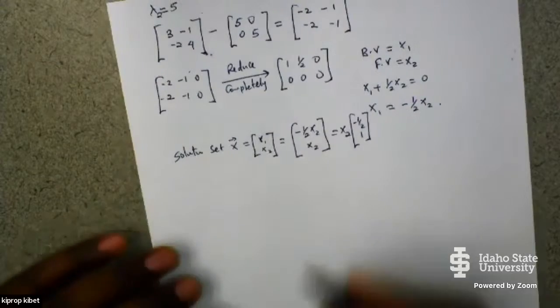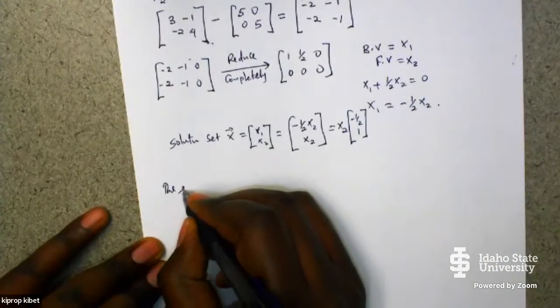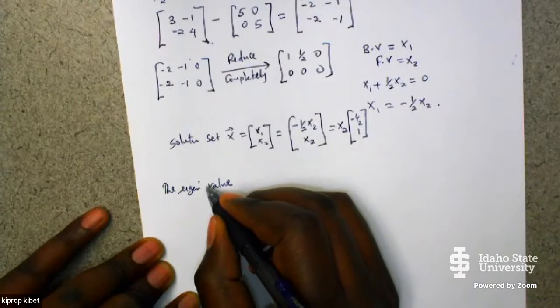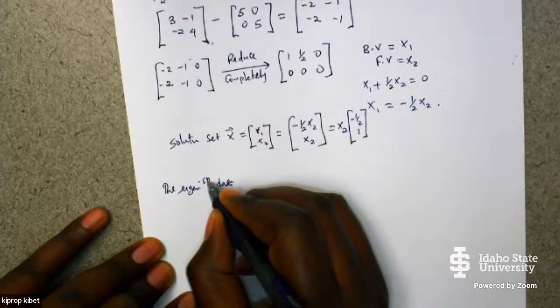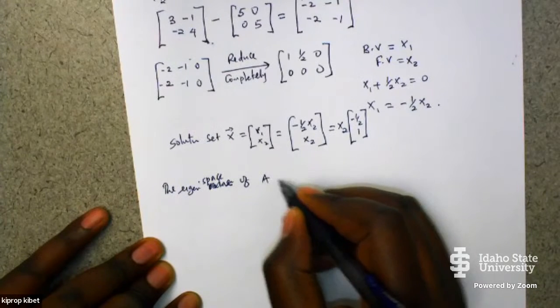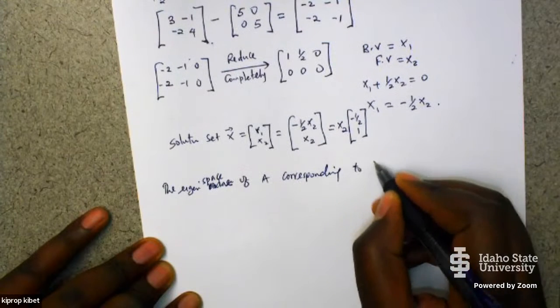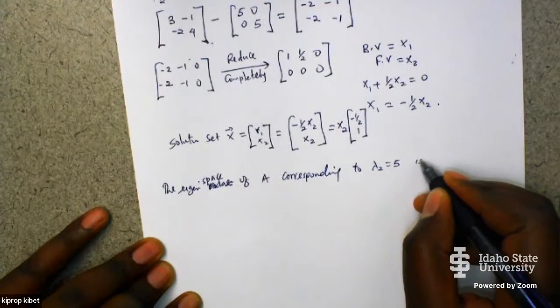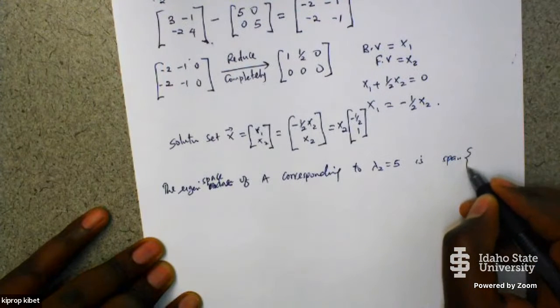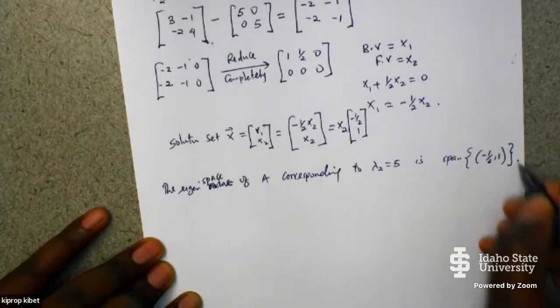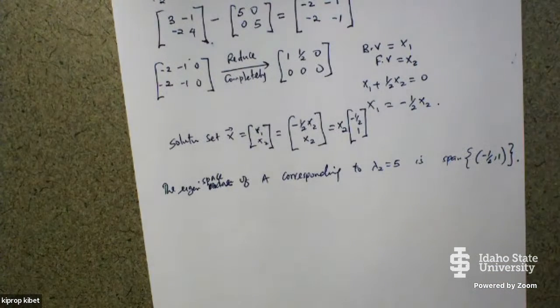So finally, the eigenspace of A corresponding to lambda 2 equals 5 is the span of -1 over 2, 1. So that is how we get it.